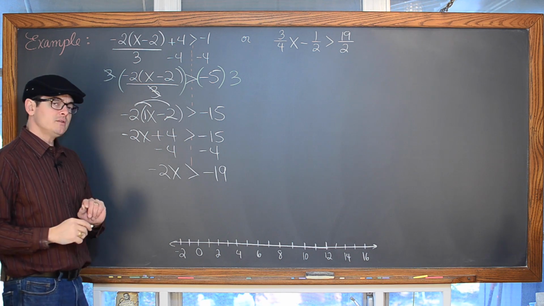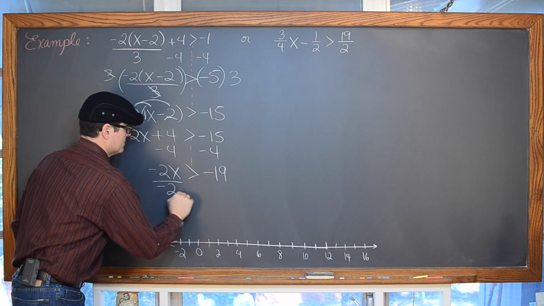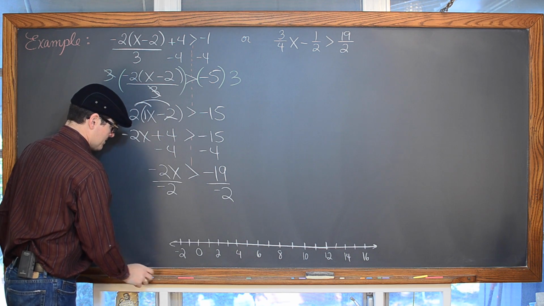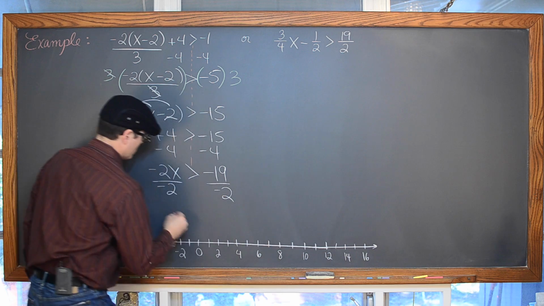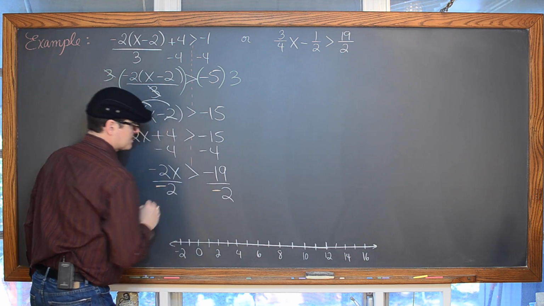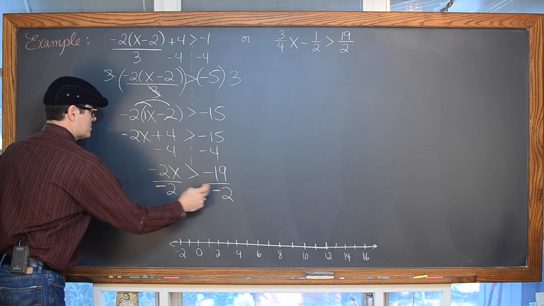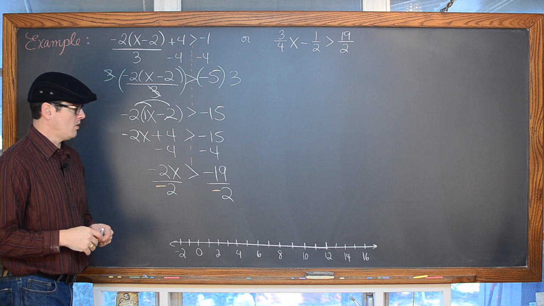Then we're going to undo this multiplication of negative 2 by dividing by negative 2. I'm dividing both sides of this inequality by a negative number, so I need to make sure that I switch the direction of that inequality.